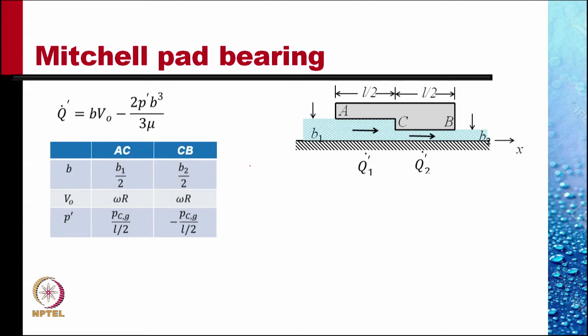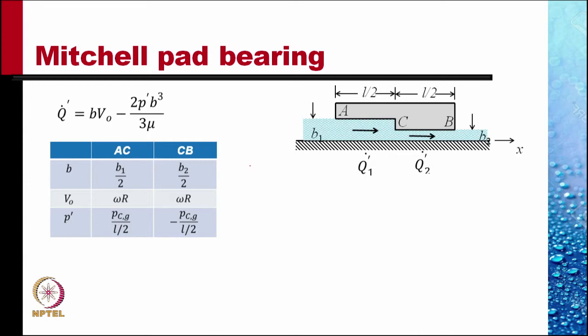P prime, the pressure gradient in the first part, is PC gauge divided by L by 2. The pressure changes from 0 to PC gauge in the length L by 2. For the conditions of Couette flow, this pressure gradient is independent of the x variable.